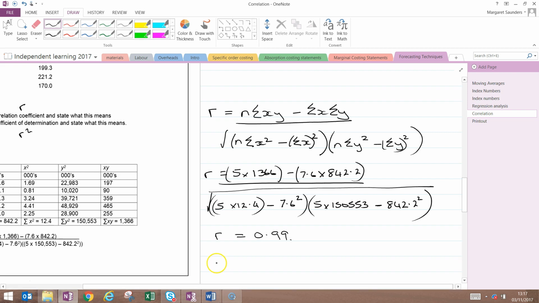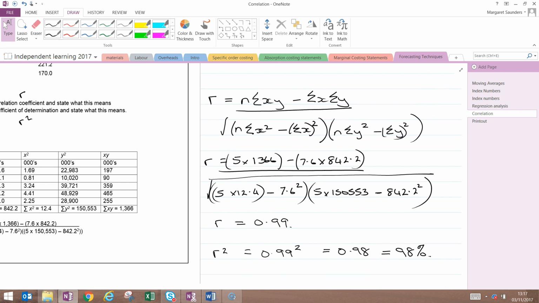r squared, which is the coefficient of determination, is 0.99 squared, which comes to 0.98, or it can be expressed as a percentage, 98%. That tells us that 98% of our changes in sales are due to changes in the advertising.